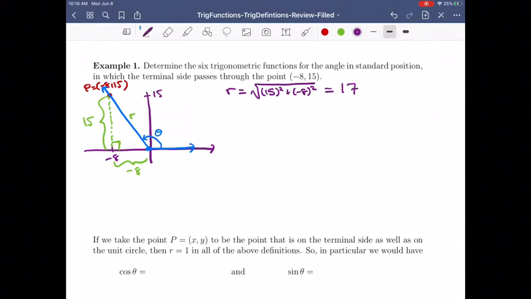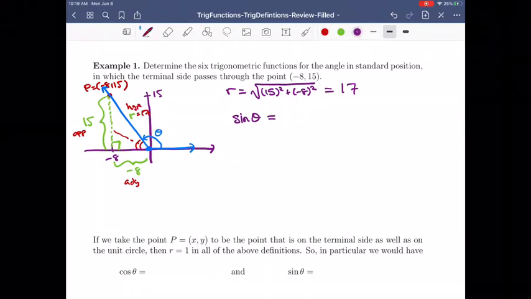So sine of theta is the opposite. Remember, this is our reference angle here. The opposite is this 15, the adjacent is this -8, and the r, the 17, is our hypotenuse.